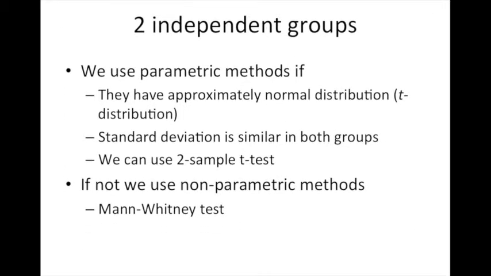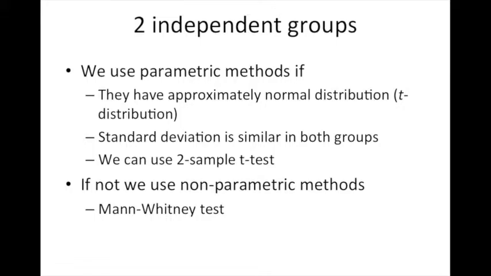As an example, we use two independent groups, and we can use parametric or non-parametric methods for analysis of the data here. It depends. We use a parametric method if these two groups have approximately normal distribution, and because it's not exactly normal distribution, it's also called t-distribution, to remember that the test that we are going to use later is called the t-test.